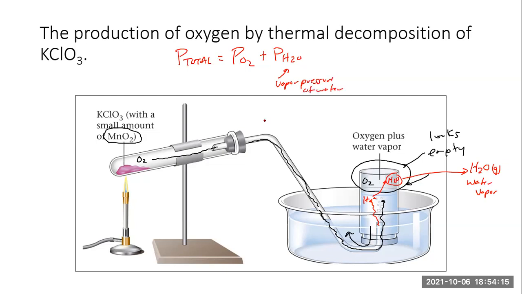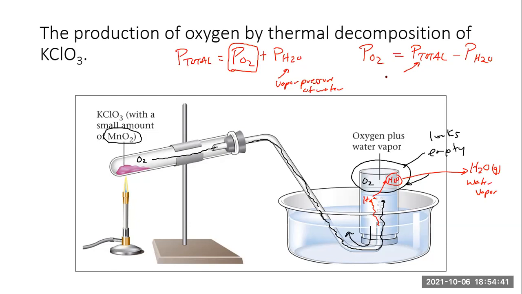The good news is if we wanted to figure out the pressure of the oxygen gas, which is what we're interested in, we could rearrange this by solving for the oxygen gas, which means we could take the total pressure and subtract the vapor pressure of water.